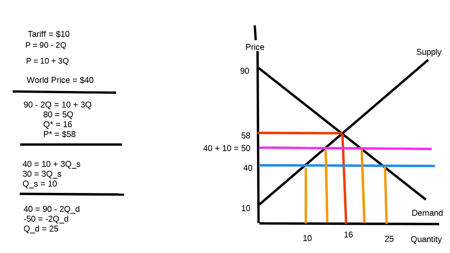So notice the effect of this, right? It used to be at 40, consumer surplus was this entire triangle here, above the blue line, below the demand curve. That whole thing was consumer surplus, and then the part below the blue line above the supply curve, that was producer surplus. Now, the purple line is the effective price line.